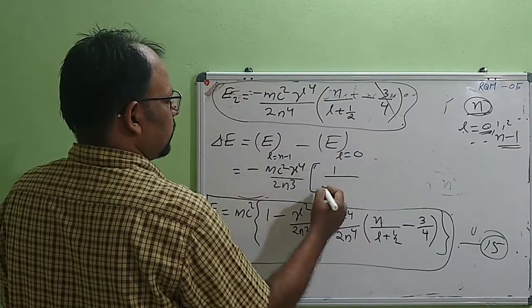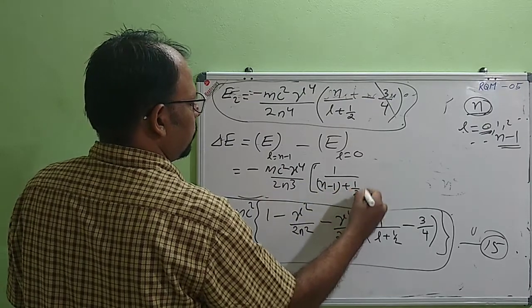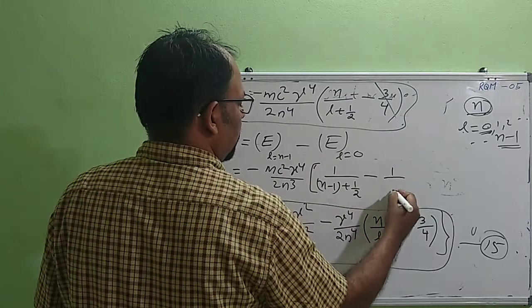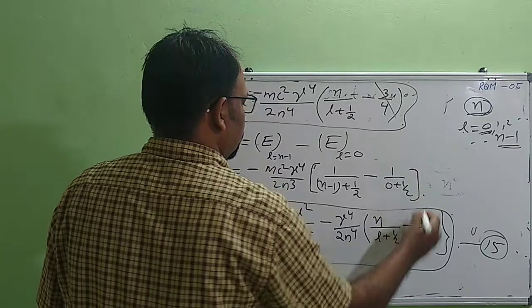For L equal to n minus 1, it is 1 by n minus 1 plus 1 by 2, minus 1 by 0 plus 1 by 2.